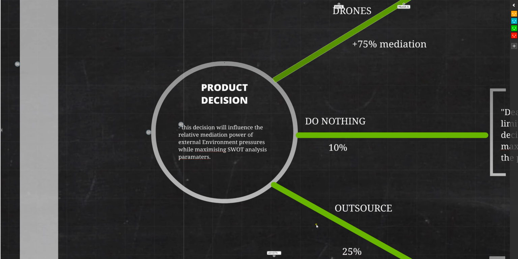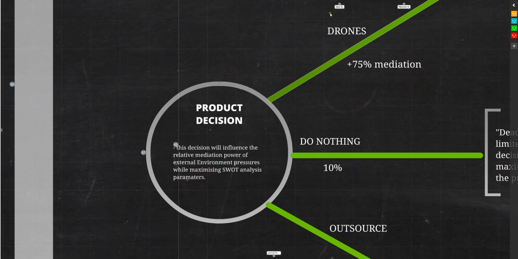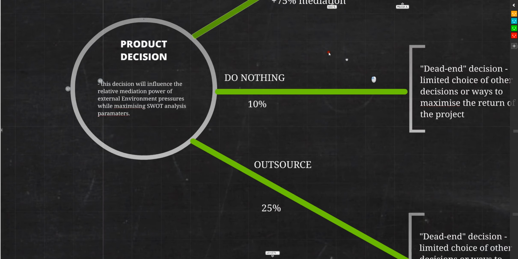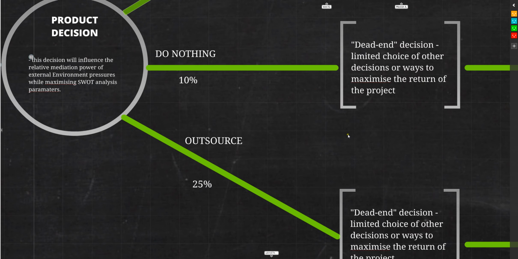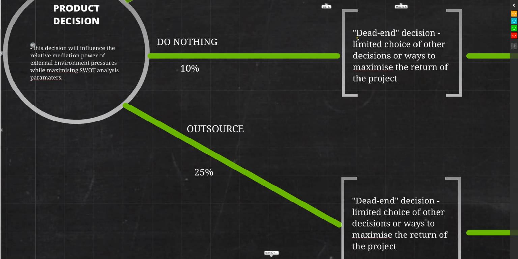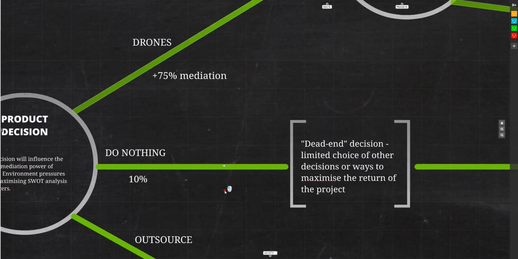To outsource the current do nothing delivery mechanism, 25% improvement, while acquiring the drone food delivery system has an advantage of 75%. Obviously this is a preferred decision, but just to finish off on these two, this is basically a dead-end decision because it limits our choice of any other decisions or ways to maximize the return on the project. So after we've chosen one of these, there's nothing really more to think about.